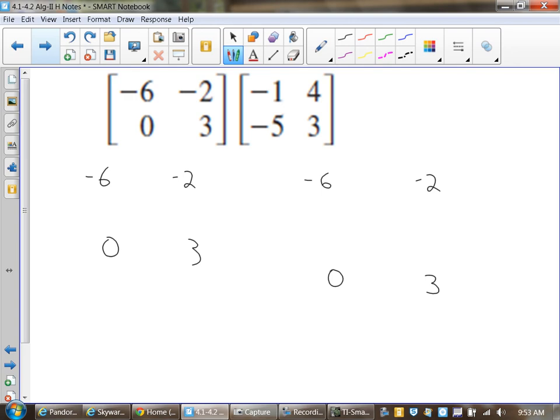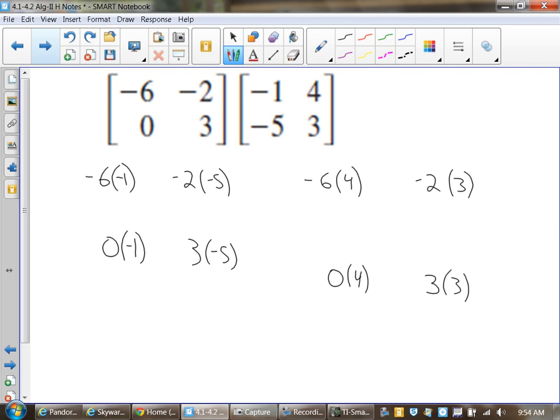Now I start filling in what it's being multiplied by. -1, -1, -5, -5, 4, 4, 3, 3. And in between all these things is an addition symbol.